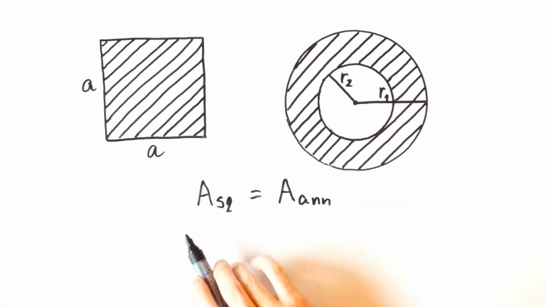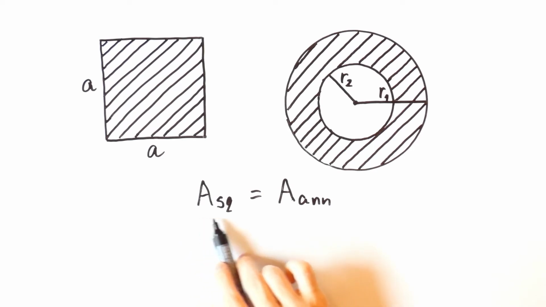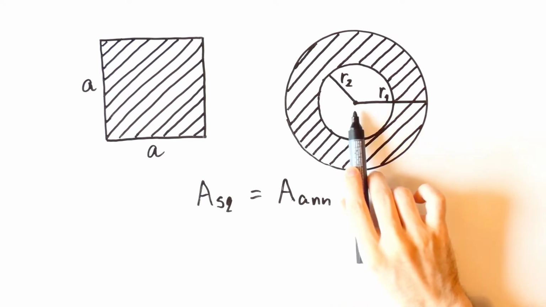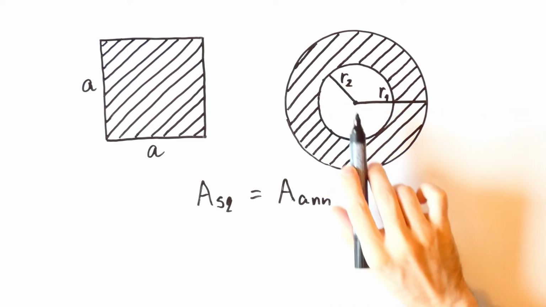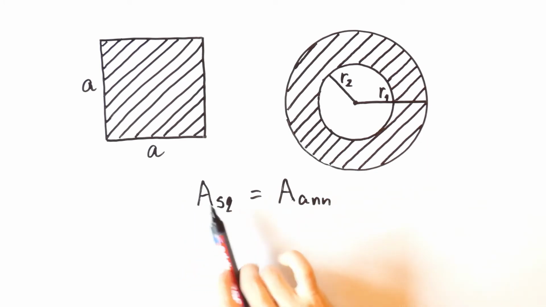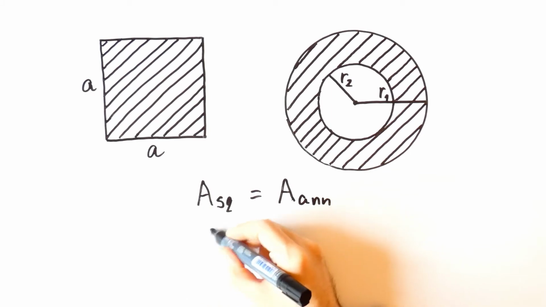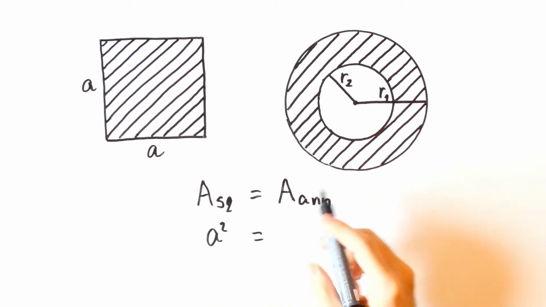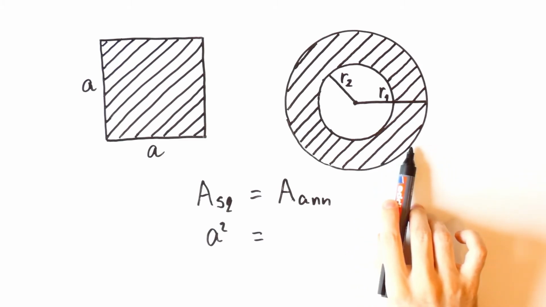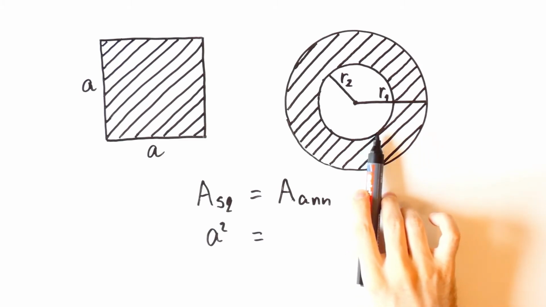Now, let's ignore the condition for equal perimeters and focus on the condition for equal areas. Here too, we won't be able to change R1 and R2 independently, but the allowed change will be different. Here's what we have. The area of the square is equal to A squared. And the area of an annulus is equal to the area of the outer circle minus the area of the inner circle.